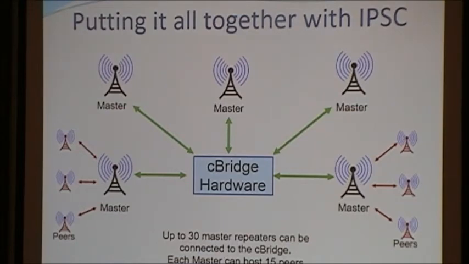Okay? So, in this example, this repeater here would be in Jackson. This repeater would be up in Yellowstone. This repeater would be down in Pinedale. And this repeater might be up on Bradley, covering Star Valley.